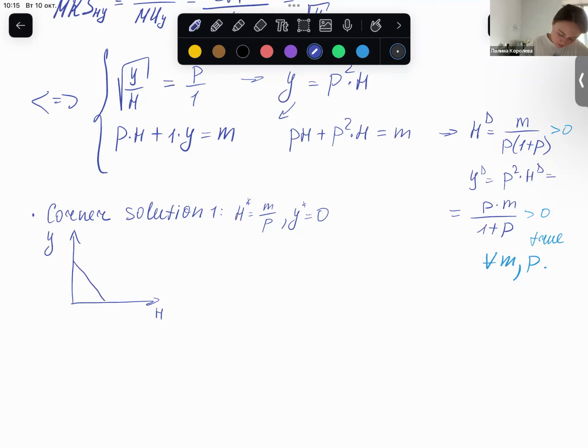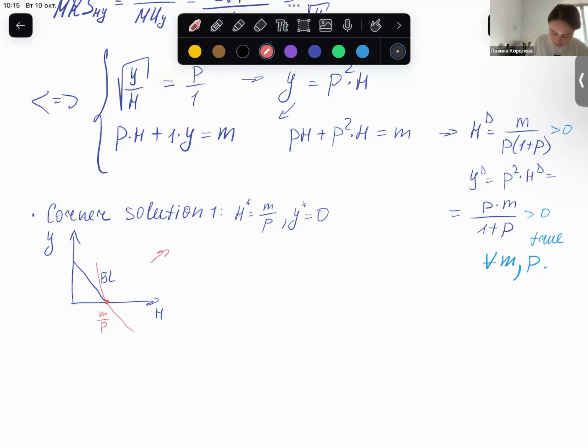This is our budget line, and we want to prove that actually this point will be the solution. Here M over price, when it will be the solution, when the last intersection of the indifference curve with the budget line will be in this actual point. It will look like this.